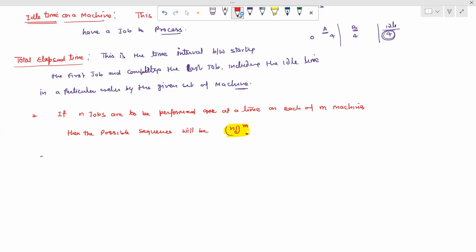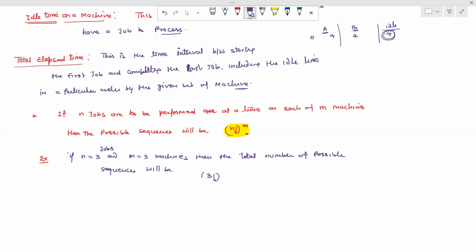We can take a particular case. If we have three jobs and three machines, n equal to 3 and m equal to 3, then the total number of possible sequences will be (3 factorial) raised to the power 3.